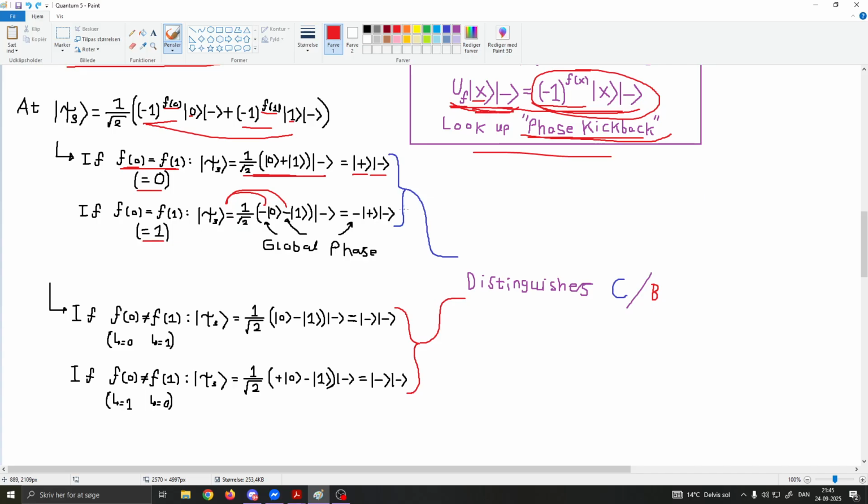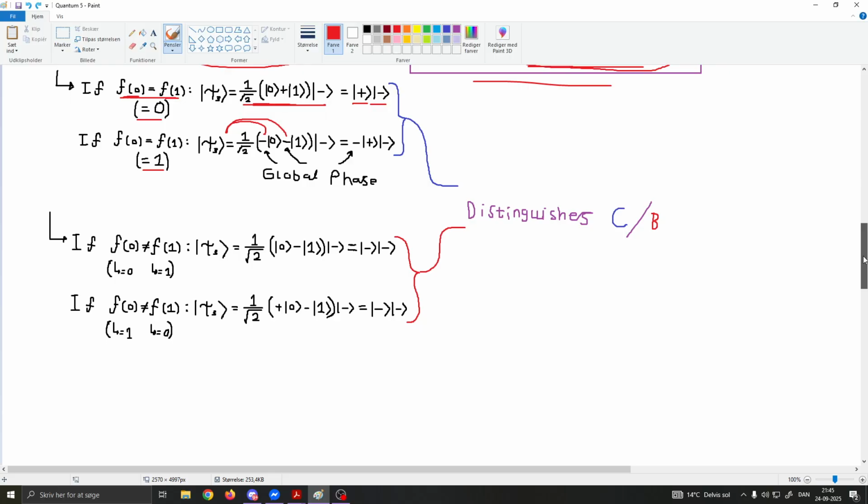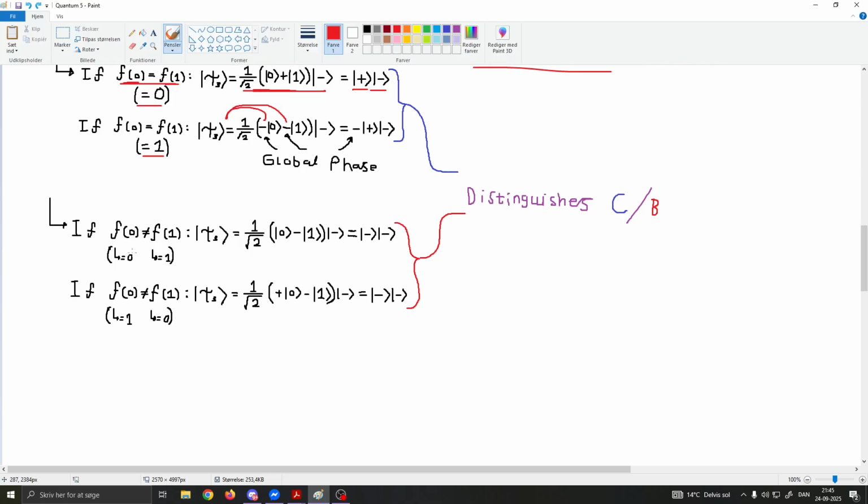I hope I didn't confuse you guys with that. But we get the same result when they are constant, and these two results differ from the situation down here, which is when the function is instead balanced. Let's see what happens when the function is balanced instead.